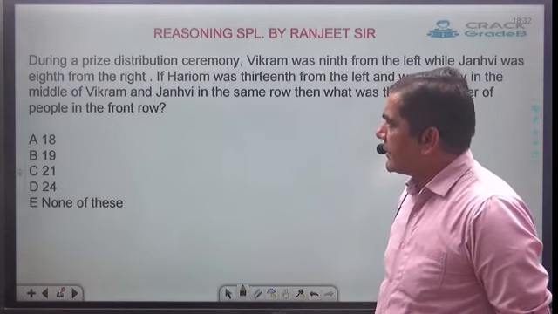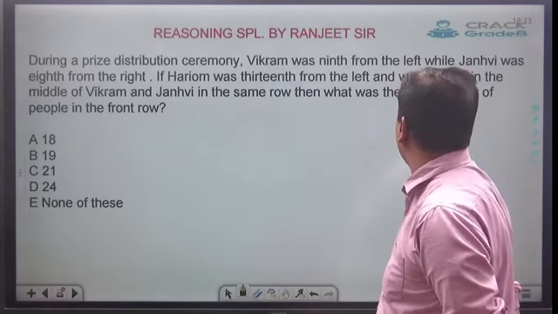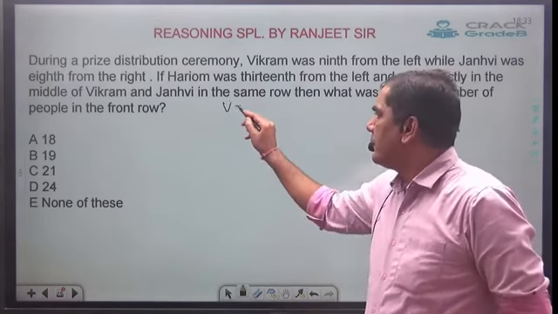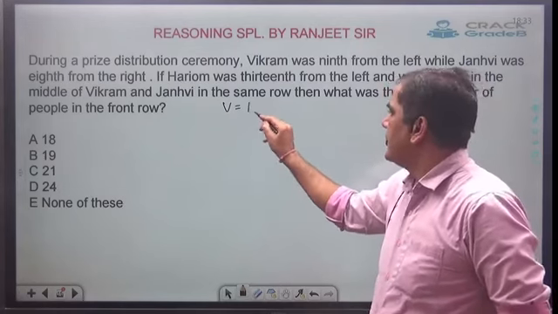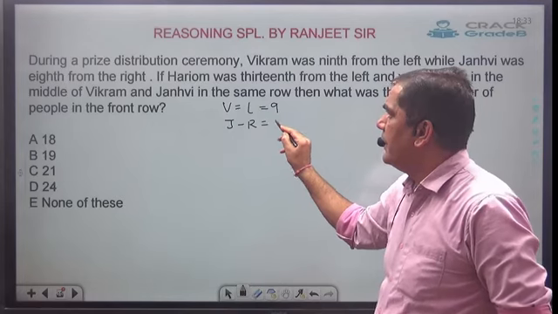During a prize distribution ceremony, Vikram was 9th from the left while Janvi was 8th from the right. So Vikram from the left is given to be 9, Janvi from the right is given to be 8.